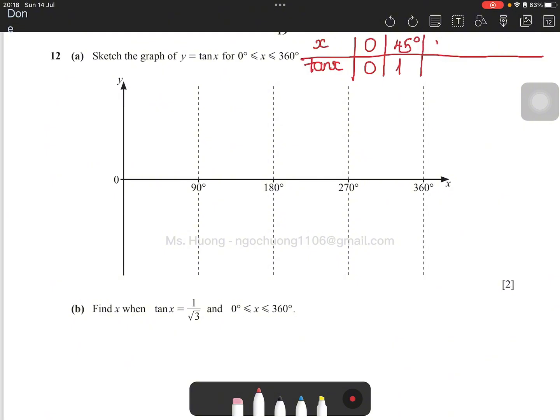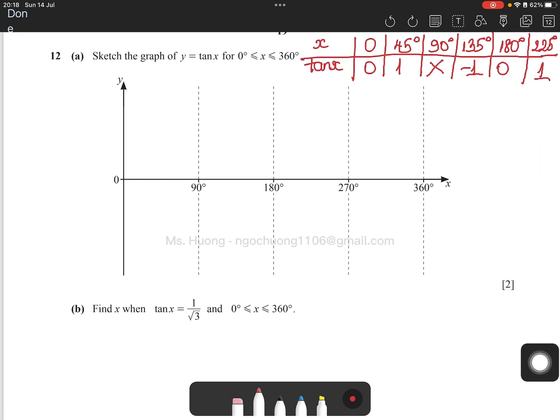When x equals 90 degrees, tan of x is undefined. When x equals 135 degrees, tan of x is negative 1. When x is 180 degrees, then tan of x is 0. When x equals 225 degrees, then tan of x is also 1.